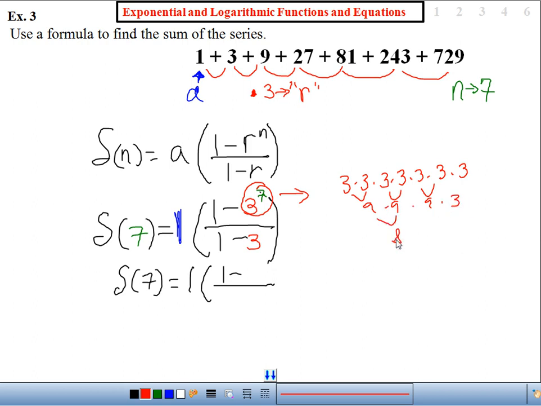This is 81 times 9 times 3. 81 times 9, that's 729, times 3. 729 times 3, that's 2,187. So this is 2,187 over 1 minus 3. All right, let's simplify.